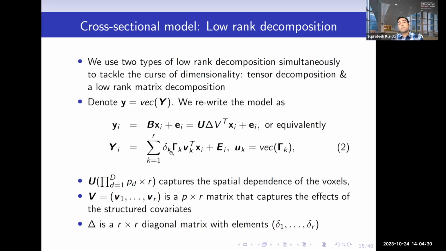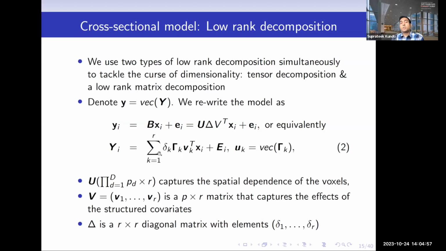And there are R of these. So R is the rank of this matrix decomposition. If you look at equation 2, there are two levels of decompositions that are going on. One is the matrix decomposition for the coefficient matrix with rank R, because delta has rank R. And once we do this decomposition, then there is an added level of tensor decomposition on the gamma k's.